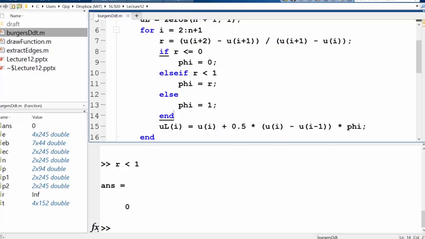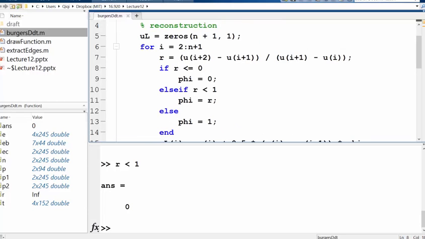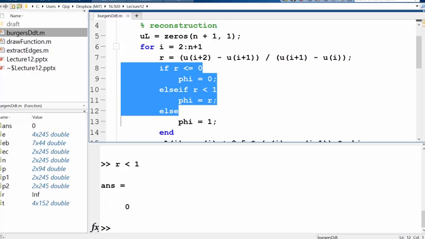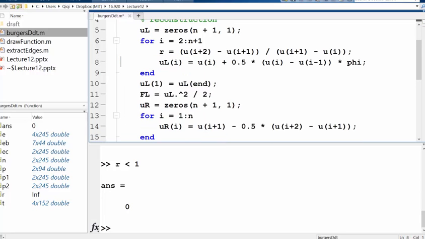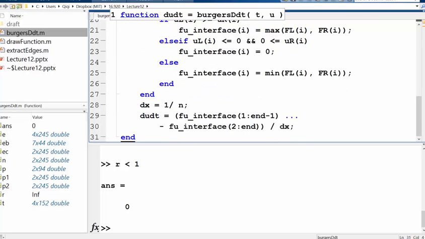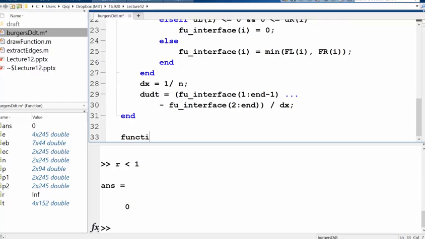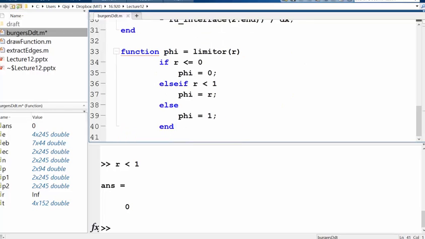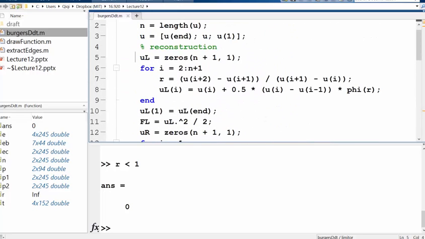In fact, I'm going to code this up. I'm going to cut this and call it as a function, phi equal to limiter of R. So instead of saying phi, I'm going to say limiter.